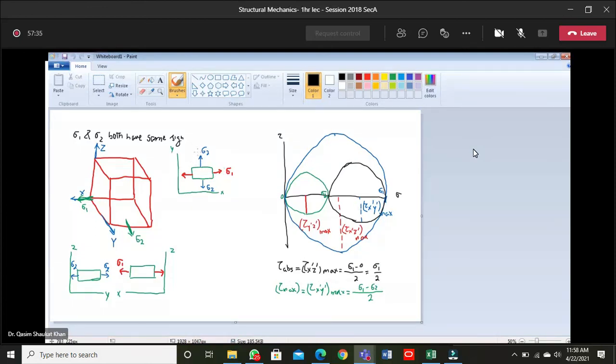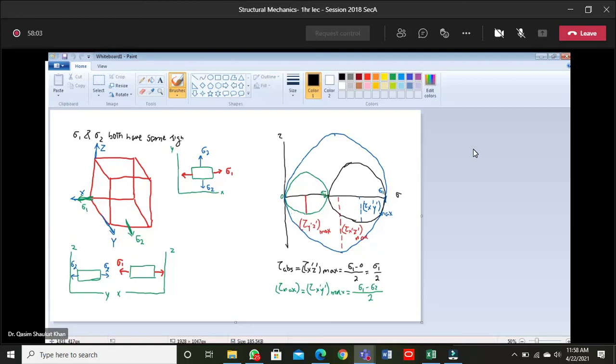So corresponding to sigma 2 I have drawn the Mohr circle, 0 to 16. Then corresponding to sigma 1, it is 32, so 0 to 32. Now I will draw the absolute maximum shear stress.